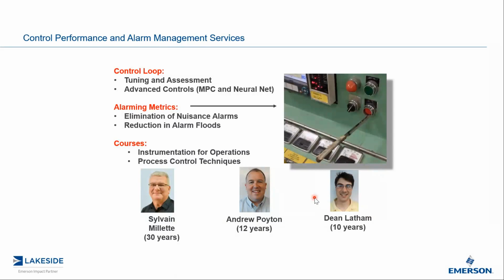So what we try to do is make the alarms relevant as opposed to eliminating an alarm. If you have a banner full of alarms, when you get a true alarm, two things happen. A, the operator gets desensitized, and B, we will miss that alarm, and that's when bad things happen.